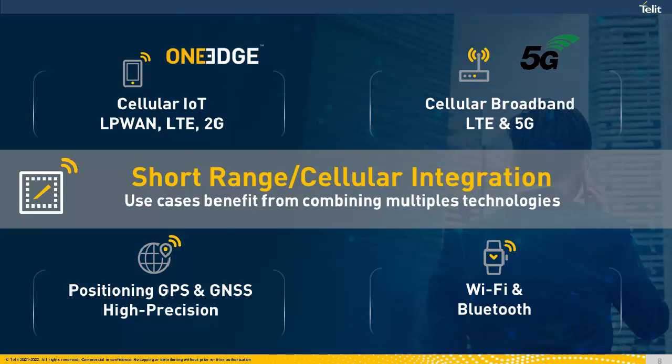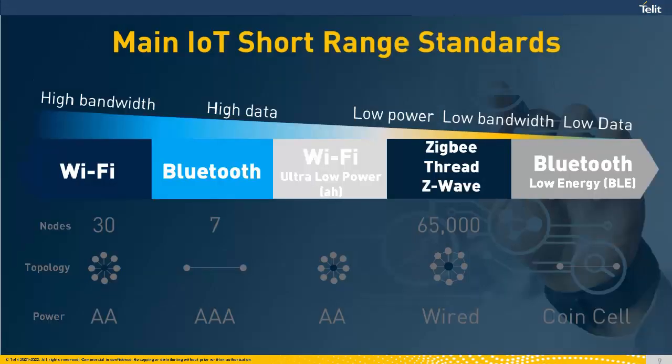Now we are going to focus a little more in detail on short range and cellular integration, and we'll see what Telit can offer you to speed up the time to market. When we talk about short-range technology as a standard in Telit, we can refer to different technologies.